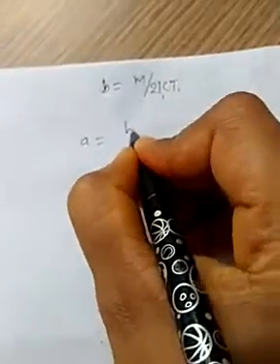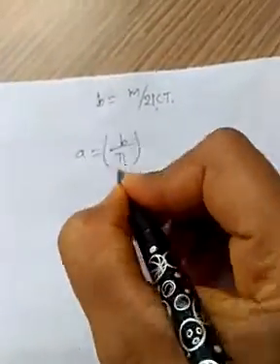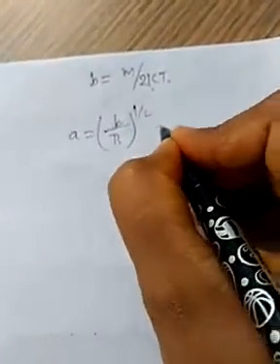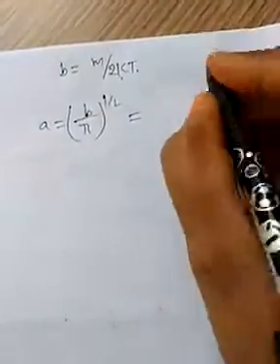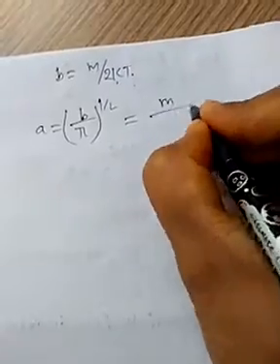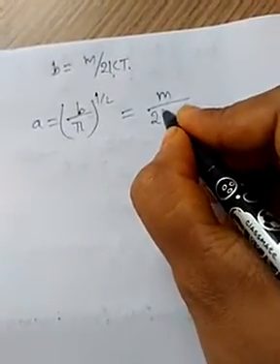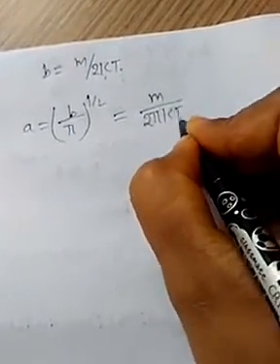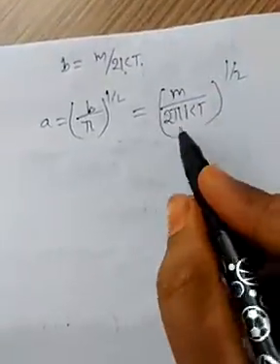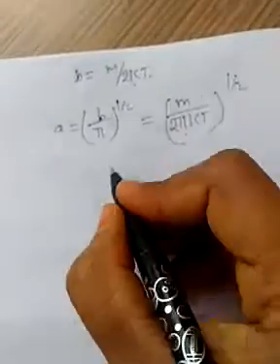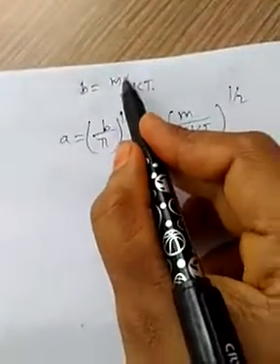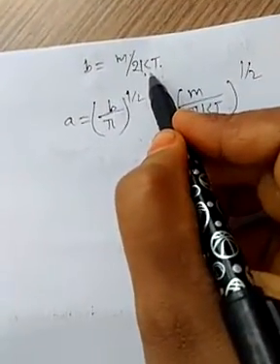So a equals (b by pi) whole power 1 by 2, and in place of b we write m by 2kT. So a equals (m by 2 pi kT) whole power 1 by 2, and b equals m by 2kT.